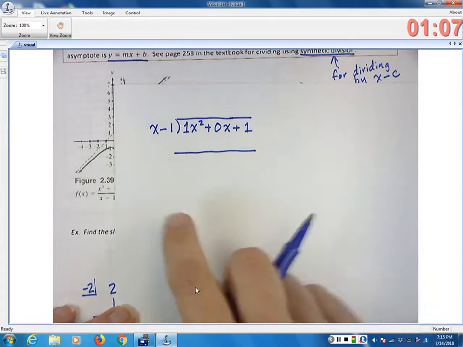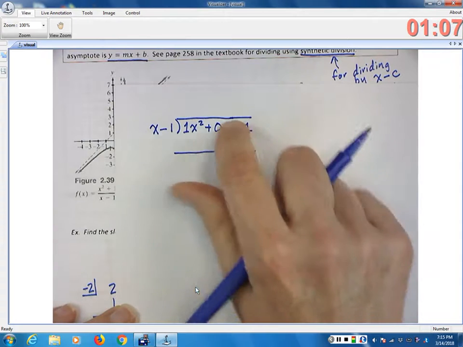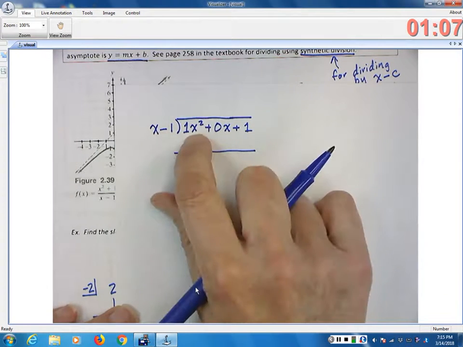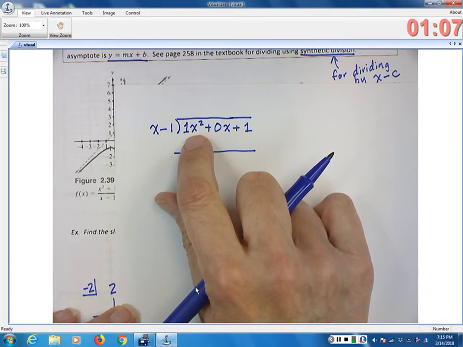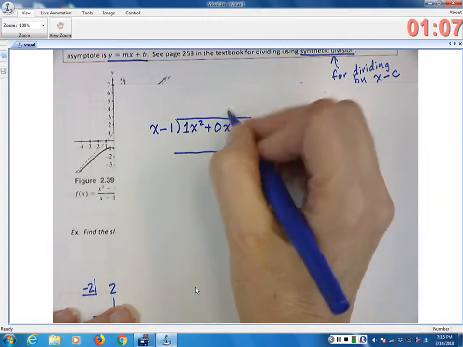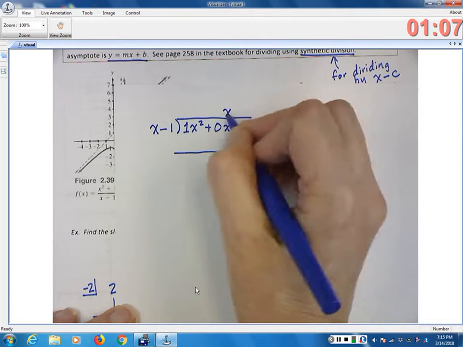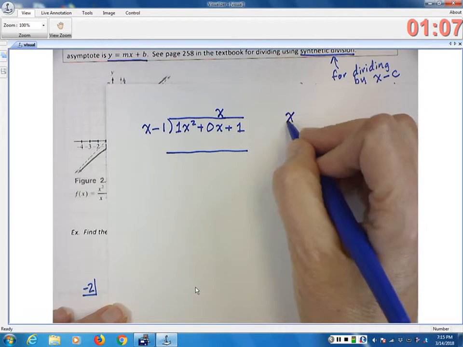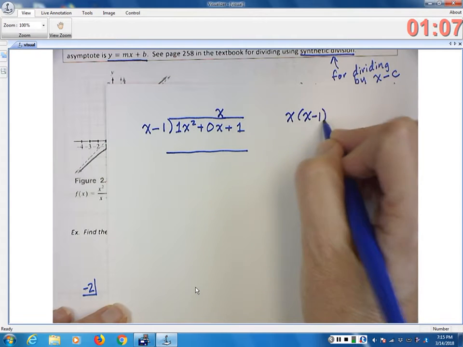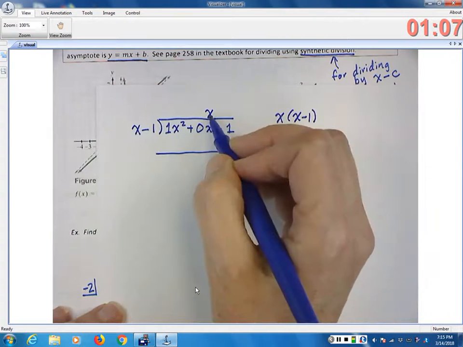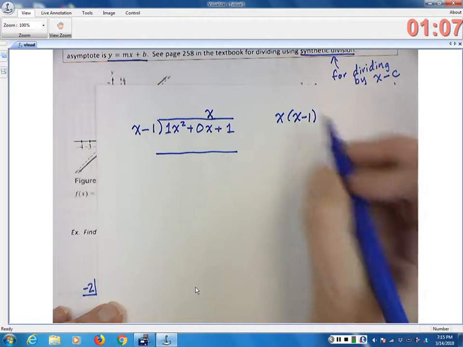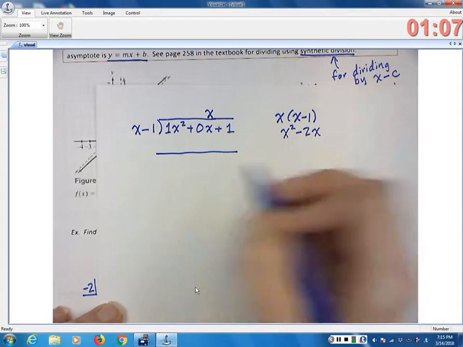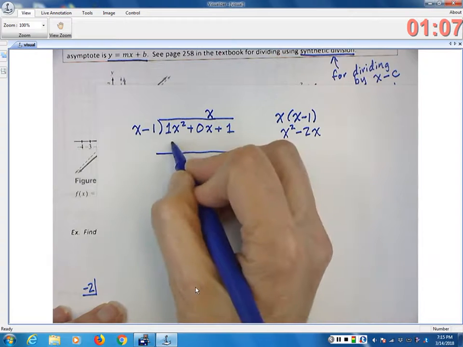So the first thing you do is you say, what times x equals x squared? 1x squared. And x, so you can put an x here. And then you're going to take x times x minus 1 and distribute that. You have to take x times this whole thing. You get x squared minus 2x. So you put that under the like terms.